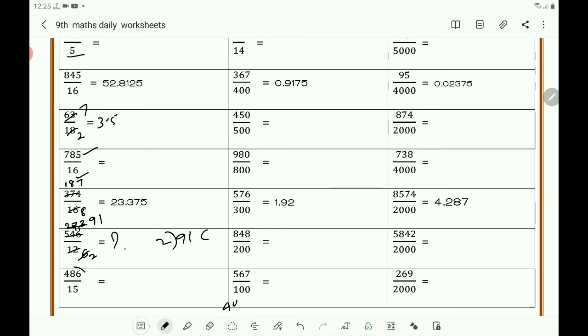Here you divide 486 by 15. If it is divisible by 3, you know that this is divisible by 3, 1 plus 5, 6. Here it is 4 plus 8, 12, 12 plus 6, 18, 18 is divisible by 3, then you can divide this by 3. After simplifying, you can convert this into decimal. Then take the next one.